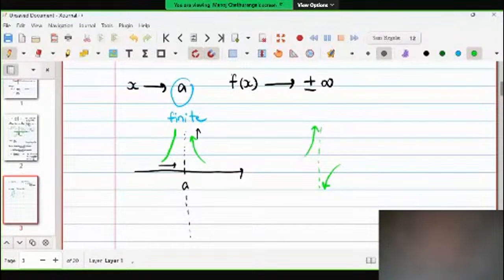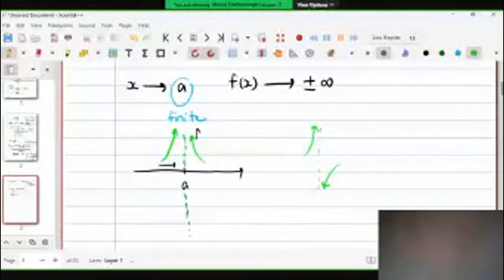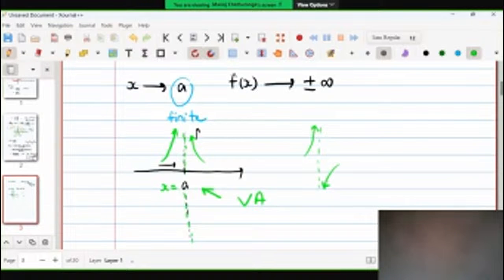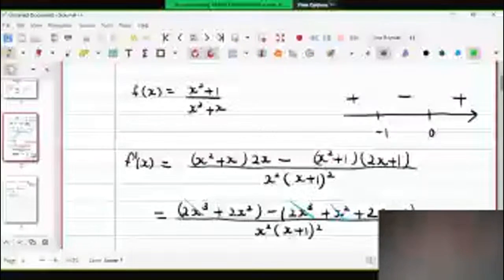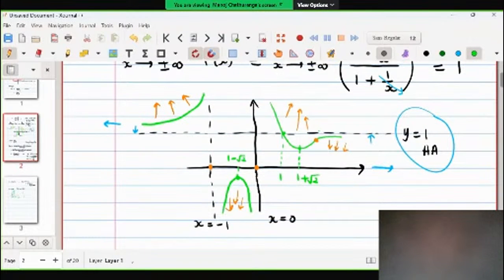In that case, this line x equals a is called the vertical asymptote. We have seen vertical asymptotes. Even this graph has two vertical asymptotes.